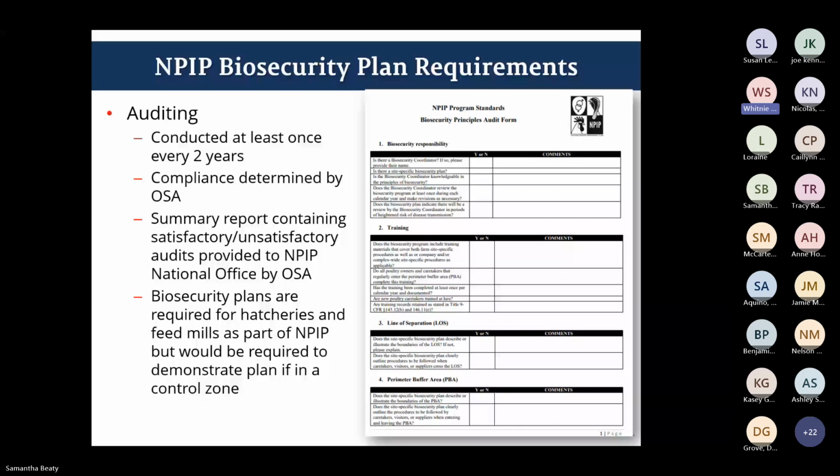We're wanting to see detailed plans for how you're putting these into place. And that needs to be a written site-specific document. And then biosecurity plans would also be required for hatcheries and feed mills as part of NPIP, but they would also be required to demonstrate their plan if they are part of a control zone as well.